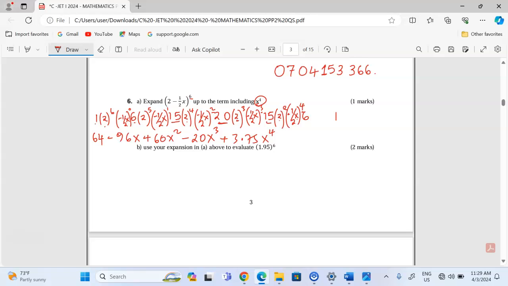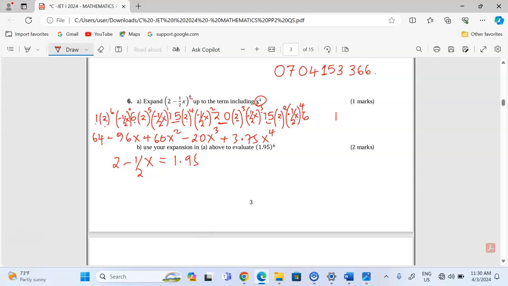Use your expansion in A above to evaluate 1.95 raised to power 6. So ours is to equate negative half x with 1.95 because the powers are the same, they just cancel one another.